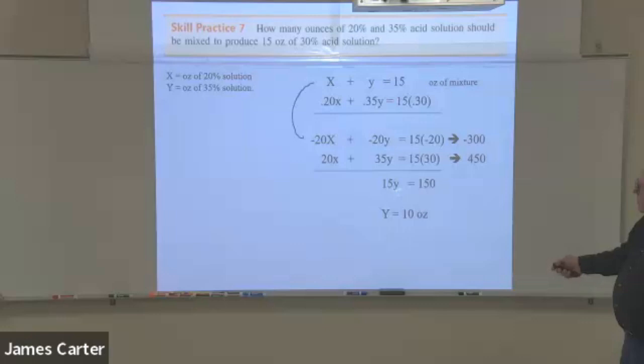This gives me 15y equals 150, y equals 10 ounces. Well, if the 35% solution was 10 ounces, then that means the 20% solution had to be 5 ounces. 10 ounces plus 5 ounces equals 15 ounces. That's my check.